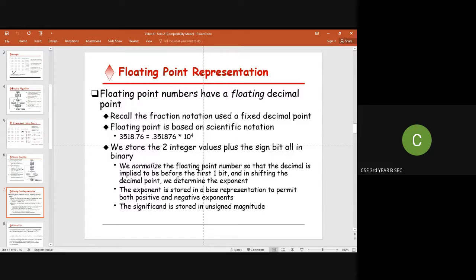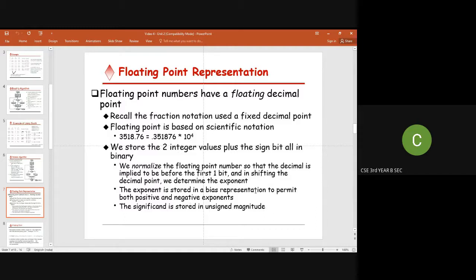In order to store all these things, first we have to normalize the floating point number so that the decimal point is implied to be before the first bit 1. In shifting the decimal point, we determine the exponent. So this is the exponent value. For example, in 2 to the power of 4, 4 is the exponent value, and we have to make it a normalized one.